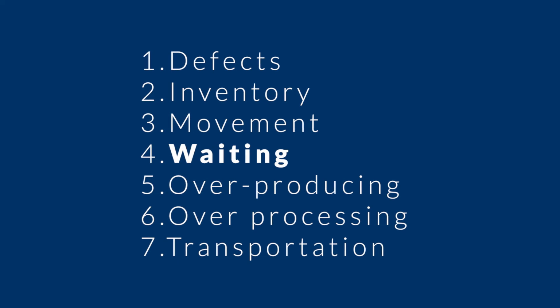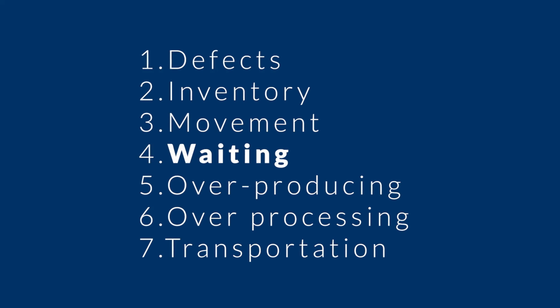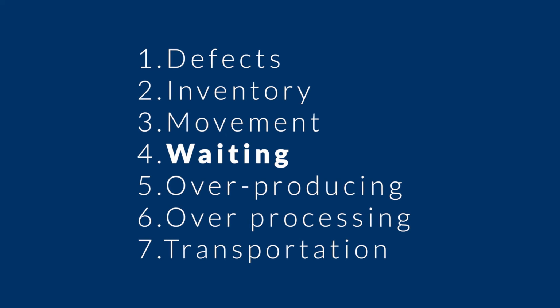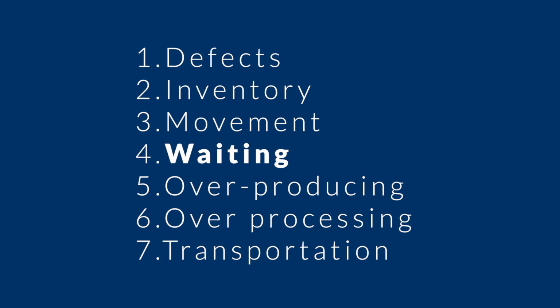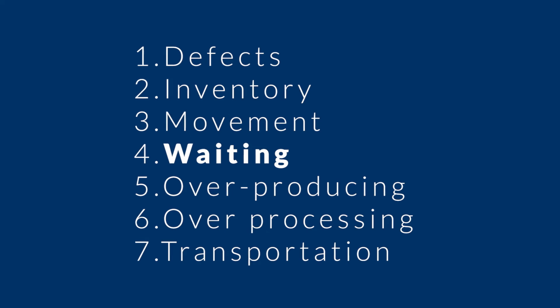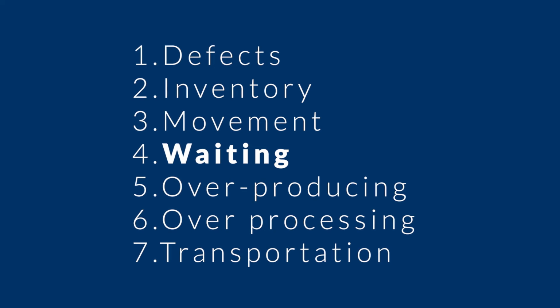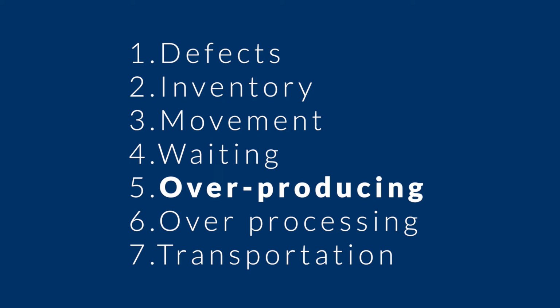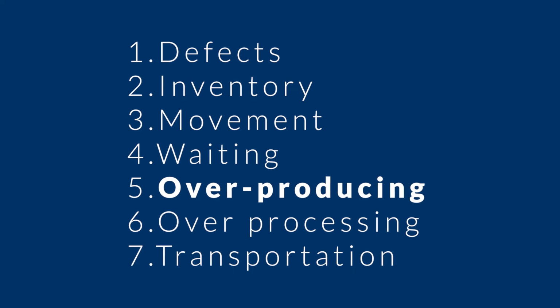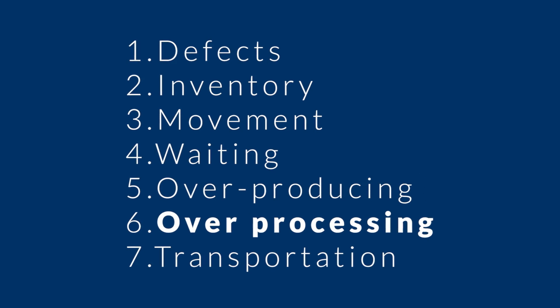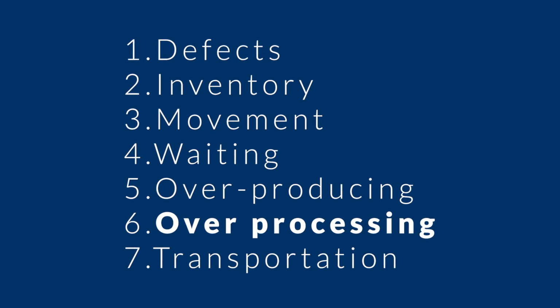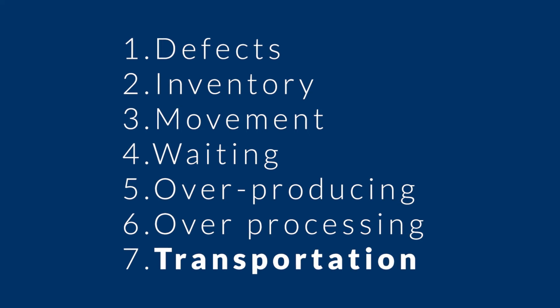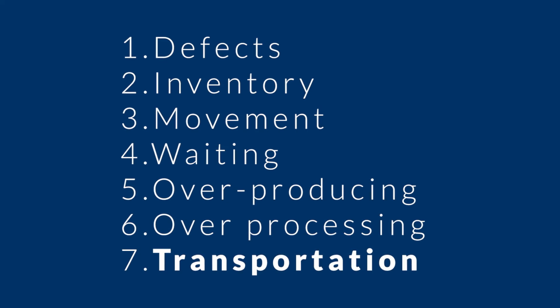Waiting: in this case, it's machinery and even people that remain idle while waiting for parts to be delivered or upstream processes to be completed. Number 5, overproducing: producing more than what is needed. And then we have overprocessing, that is unnecessary processes of production. And then transportation, any unnecessary movement of machinery and parts or vehicles.